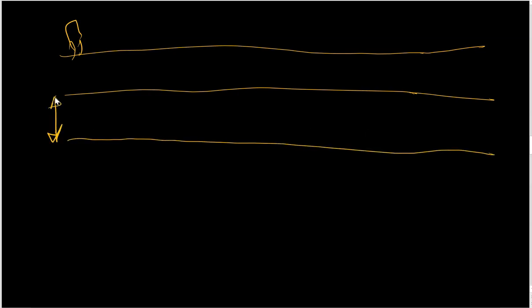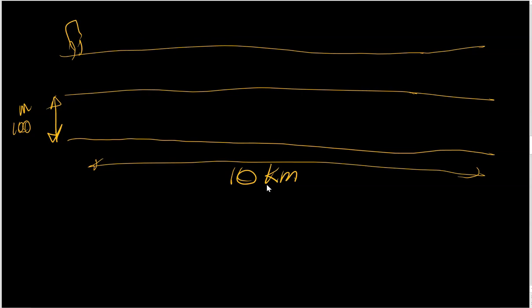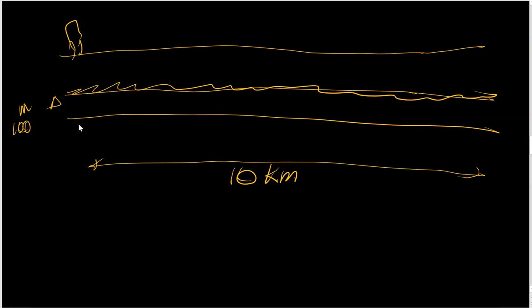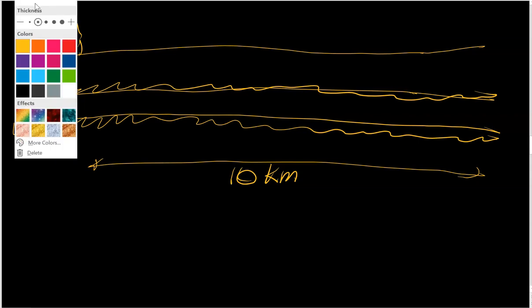So this is in the order of, for example, let's say 100 meters, and this is, for example, 10 kilometers. So this should be 100 times longer than this, which is still not scaled, but maybe this is the upper layer, and this is your confining layer.